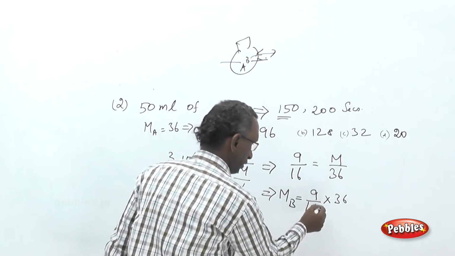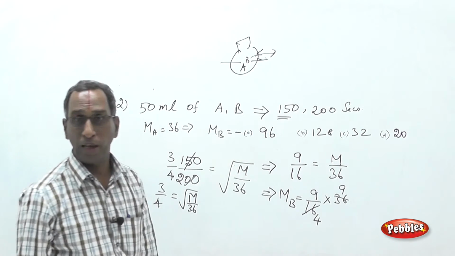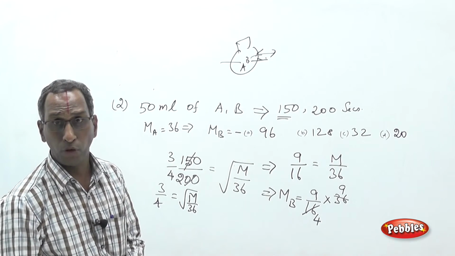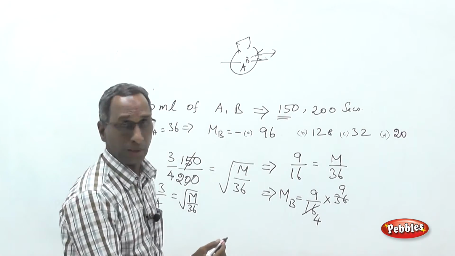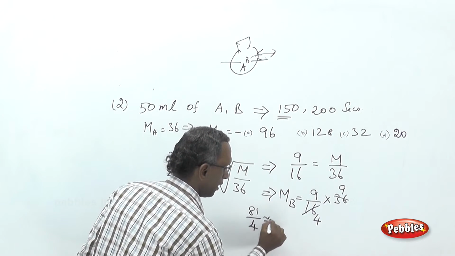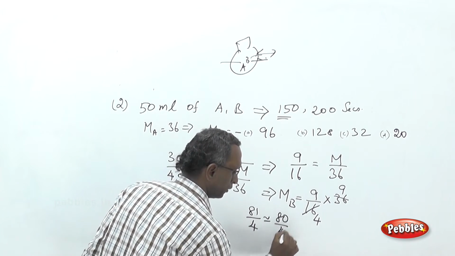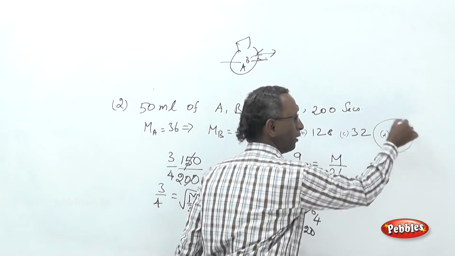So 4 fours, 9 fours are 36. 4 fours are 16. 9 into 9 is 81. 81 by 4, roughly 80 by 4 is 20. The nearest value given is 20.